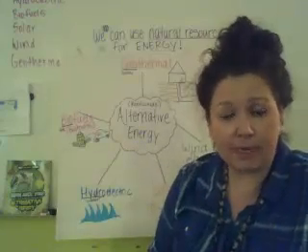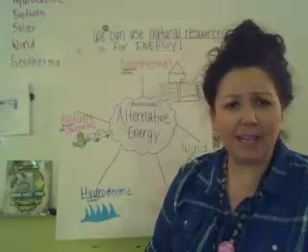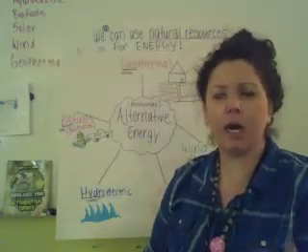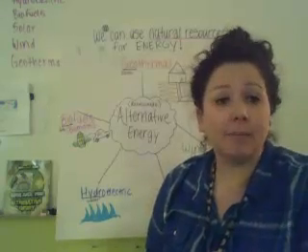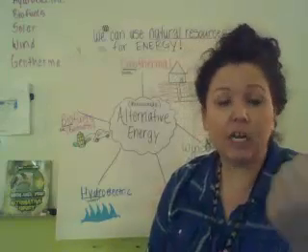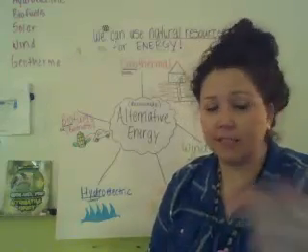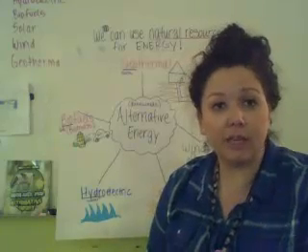Biofuels, also known as biomass, comes from crops, soybeans, corn, as well as animal waste. Those things can be burned and turned into fuel that we can use in our cars, and our trucks, and our planes, and our trains. So bio, remember the word bio means living or life.